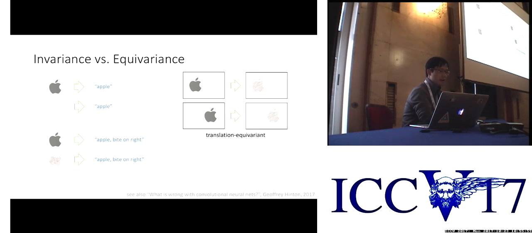So in this case, invariance is not what you want. You need equivariance. Another example is that you may also want some scale equivariance. If you scale your object by some amount, then you may also want to scale your output by some amount.